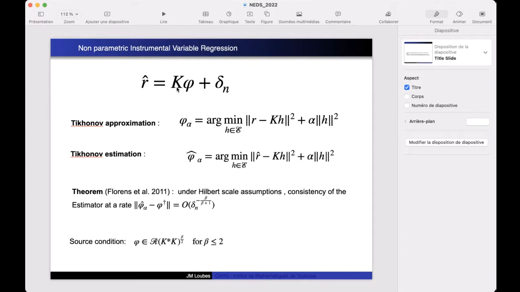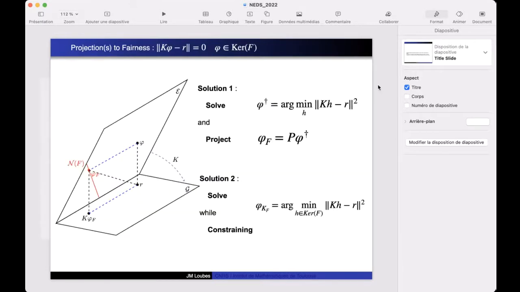So the fair solution depends on K. And I think it's quite natural, and I think the first way of looking at fairness is not natural at all.